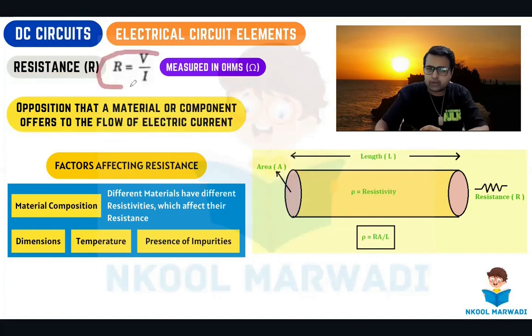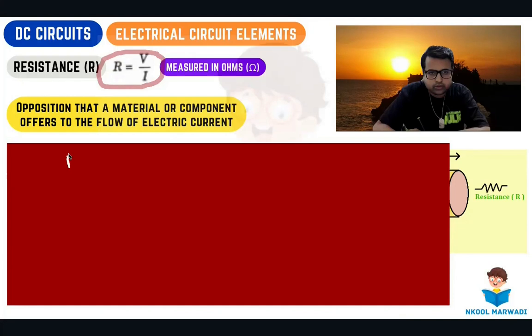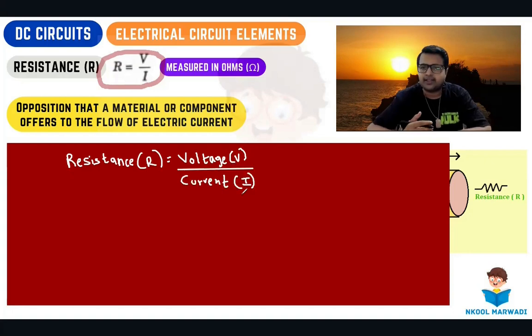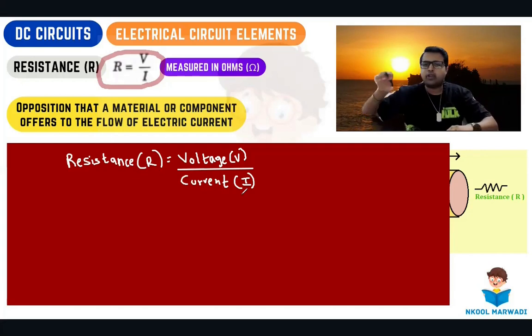The formula to calculate resistance is V upon I, where V is the voltage and I is the current. So resistance R is equal to voltage upon current. If the resistance is very high, then for sure the current flowing will be very less, because if the opposition is very high, the current flowing through the medium will be very less.